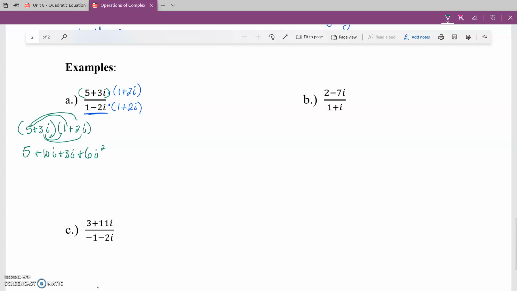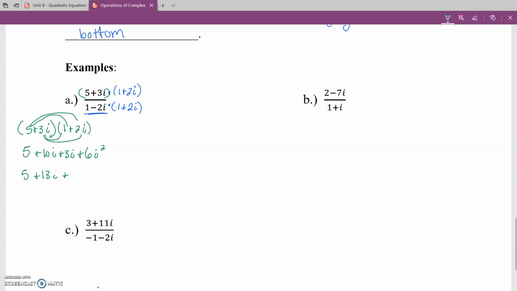Sorry, my eyes are starting to look like j's. Backward j's, though. Combine like terms and replace with my negative 1. 5 minus 6. So I'm going to have 1 plus 13i on top.